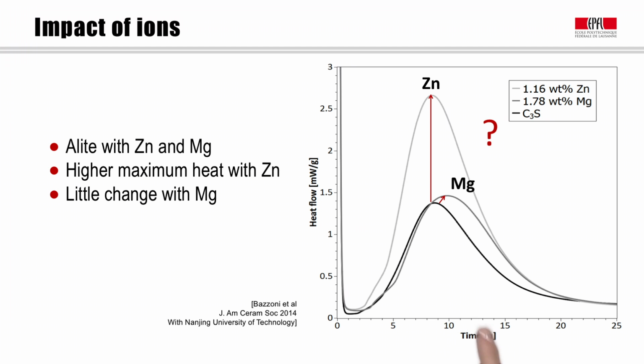What you can see in the calorimetry curves here is that the presence of low amounts of zinc gives you this vast increase in the amount of hydration that's occurring in this first heat evolution peak. So there must be something different occurring with the zinc-doped sample, which is telling us about what's controlling this main heat evolution peak.